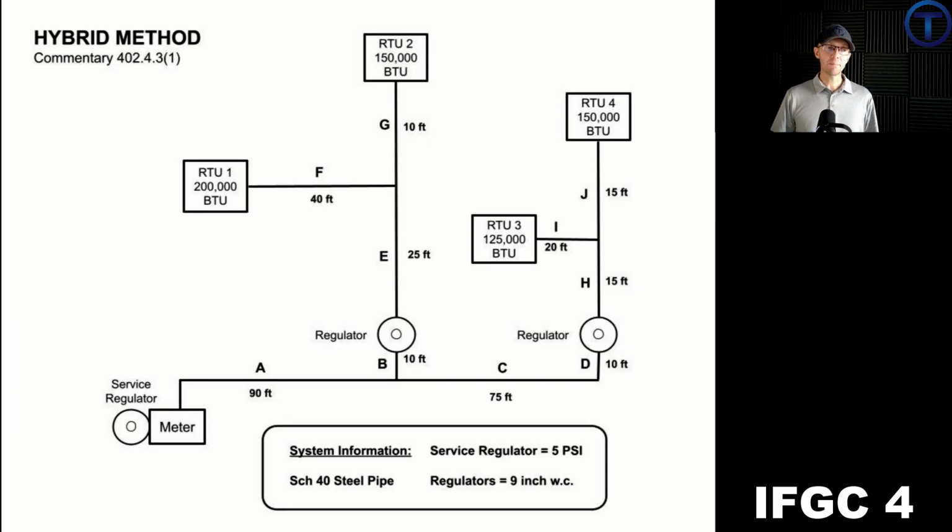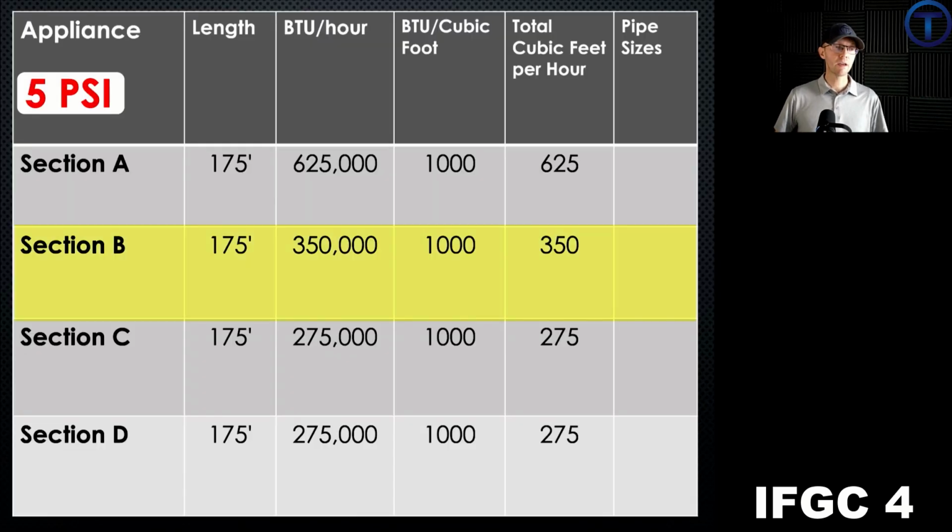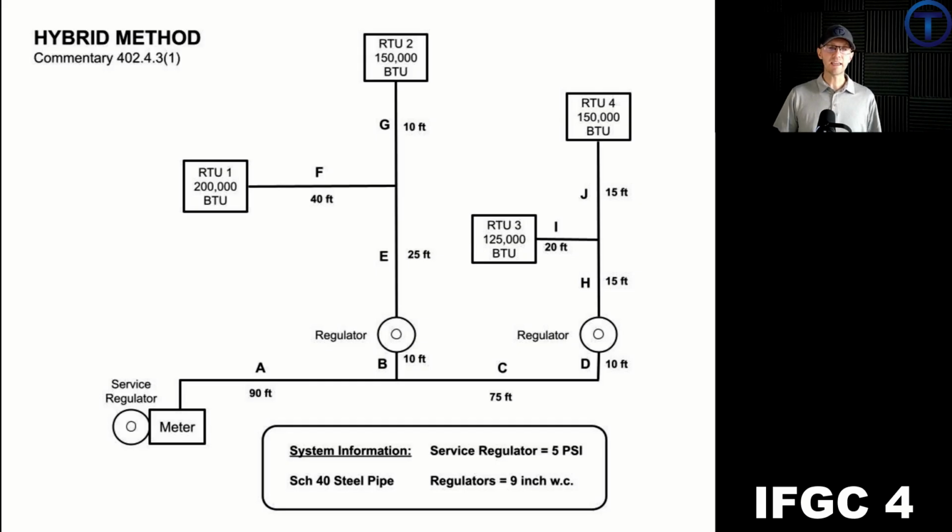As we look at section B, it's only catching rooftop 1 and rooftop 2. That's a total of 200,000 plus 150,000. We get 350,000 BTUs, divide by 1,000, and we get 350 cubic feet per hour. What about section C? Section C and D are the same.